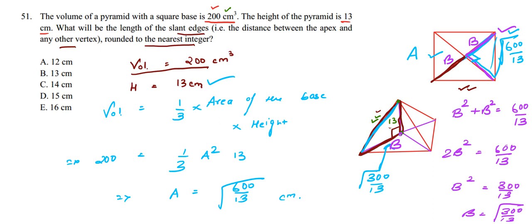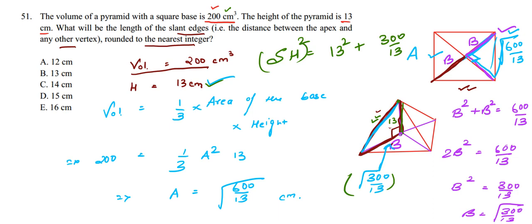So let us put this here. Let the slant height be SH. SH square will be equal to the perpendicular, our 13, that is the height of the pyramid, squared, plus the base squared. So this will be 13 square plus root over 300 by 13 whole square, which gives us 300 by 13.